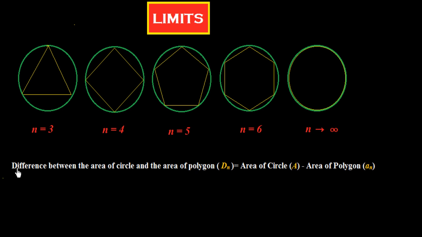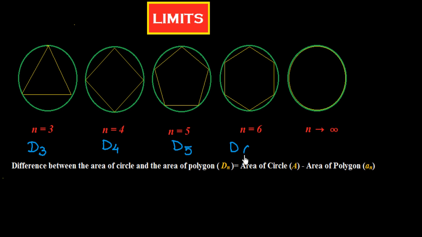Here we have to find the area d3. If you put d3, d4, d5, d6, each is the difference of the area between the circle and the polygon.